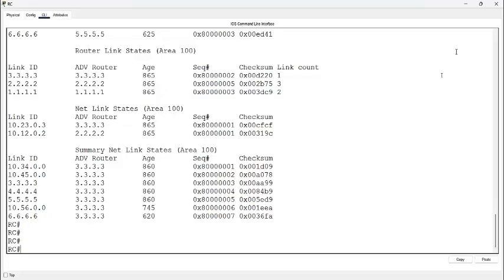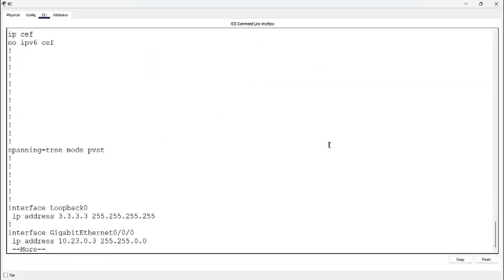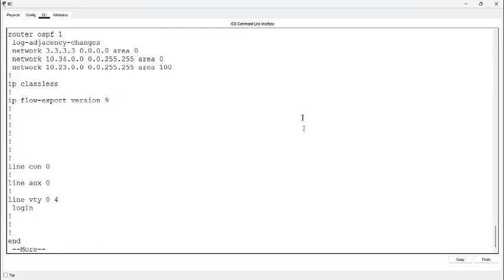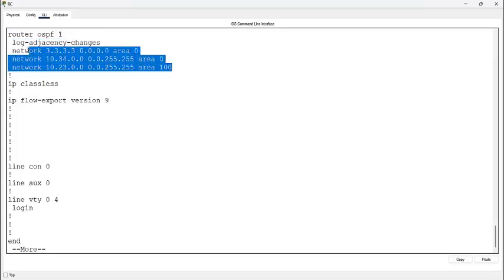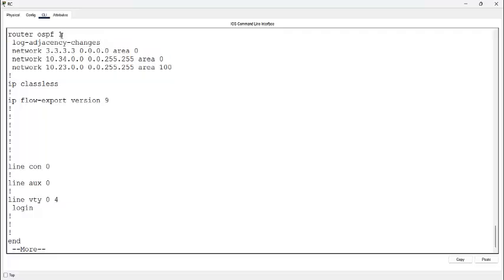Right? So quickly I will show you the configuration command, show run. This is how we configure OSPF. You can try now. This command is automatically coming. You don't need to put this command. We need to configure OSPF like this: router, and then the process ID and the network command. You try it once.